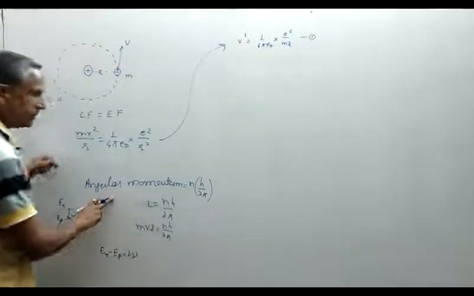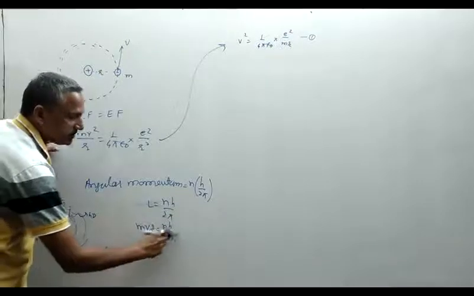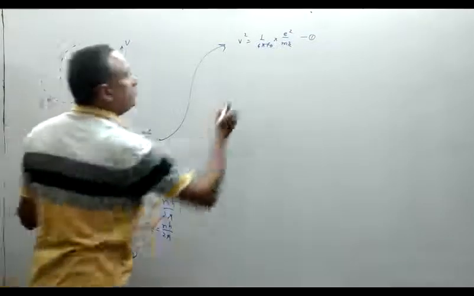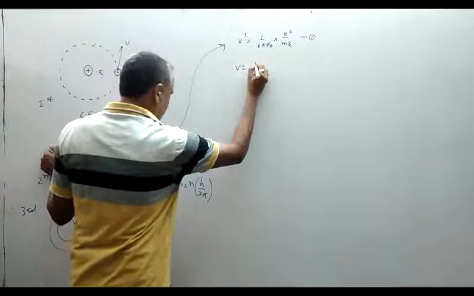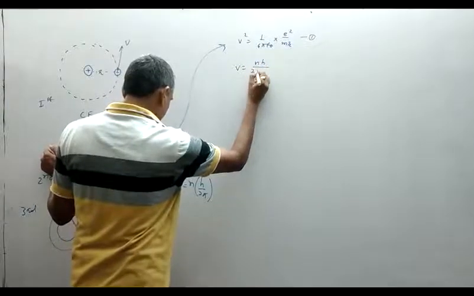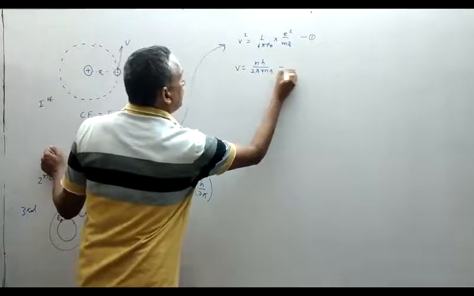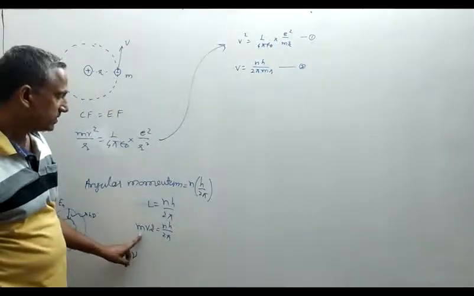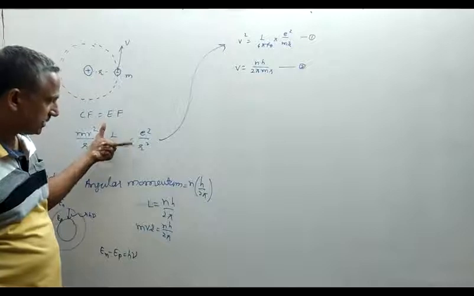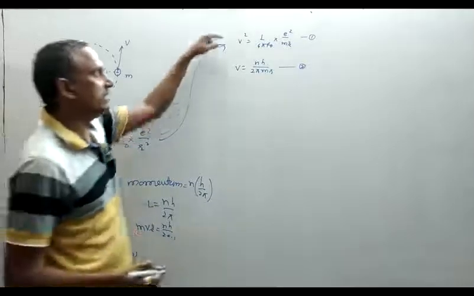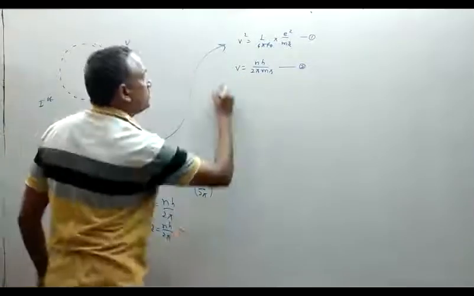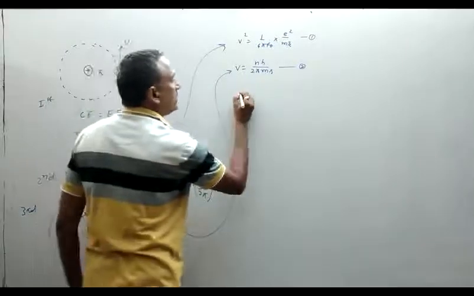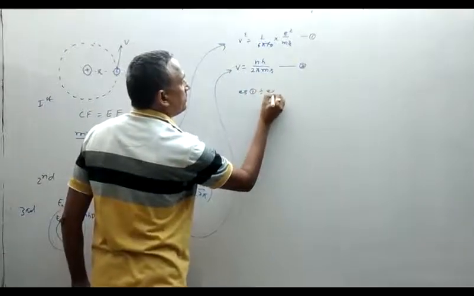Now according to the second postulate, mvr is equal to nh upon 2 pi, therefore v is equal to nh upon 2 pi mr, equation number 2. So from the first postulate and the second postulate, we have equation 1 and equation 2. Now equation 1 divided by equation 2.